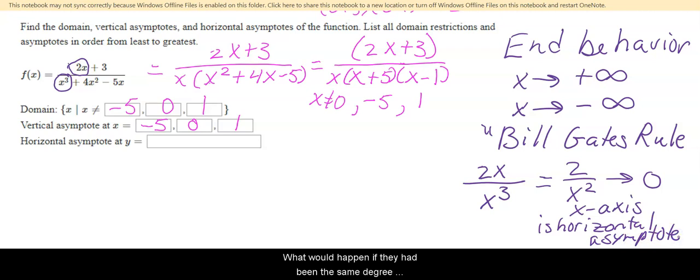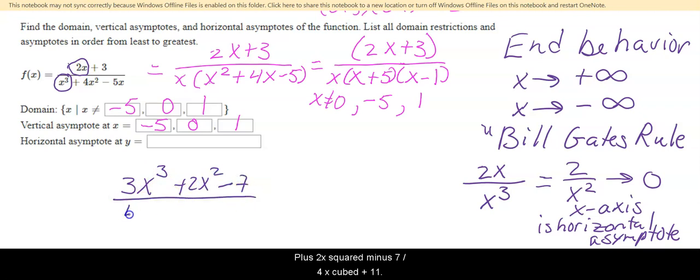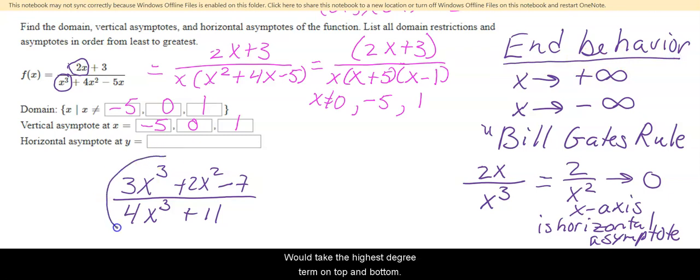Now, what would happen if they had been the same degree? Let's suppose I had 3x cubed plus 2x squared minus 7 divided by 4x cubed plus 11. The end behavior, as I go to infinity or negative infinity, would take the highest degree term on top and bottom and reduce them.